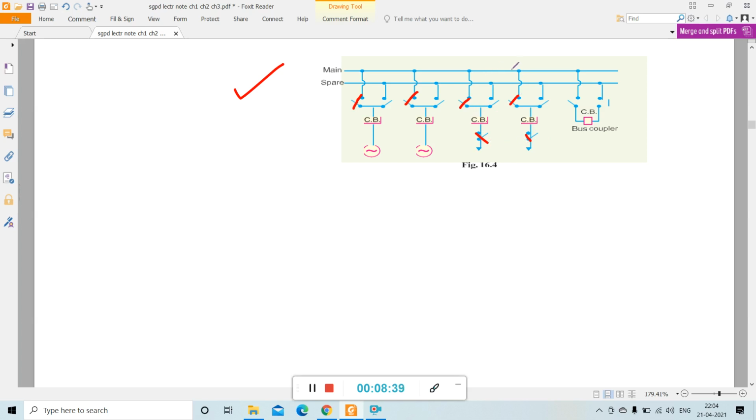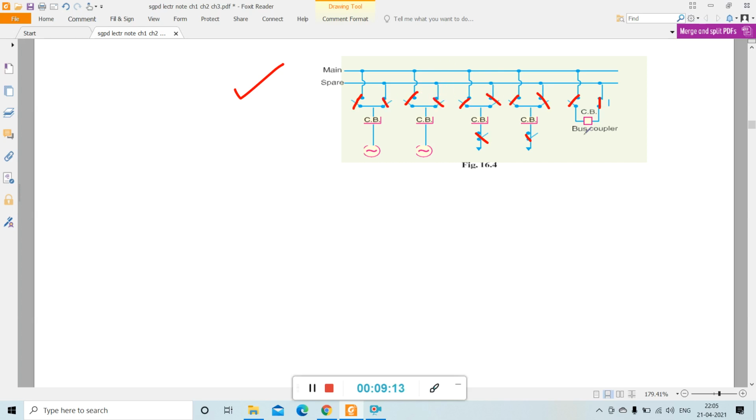When we want to switch any of the system to another bus bar for maintenance or any interruption, what do we do? Through this bus coupler, first we have to connect these two isolators, and then we have to disconnect all these from the main bus bar, and connect this isolator to the spare bus bar.